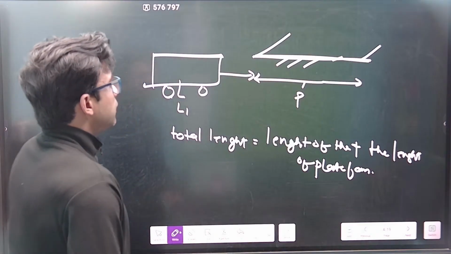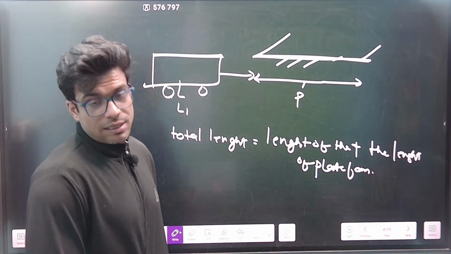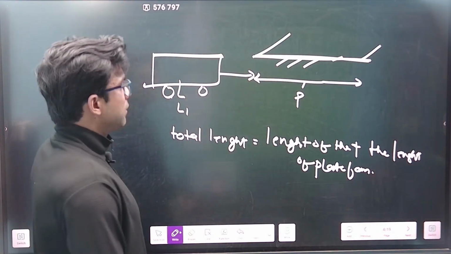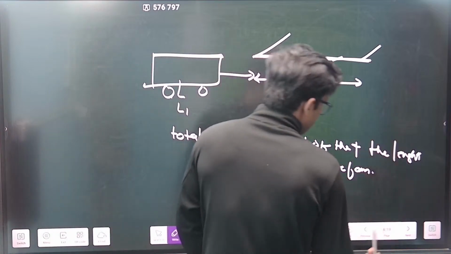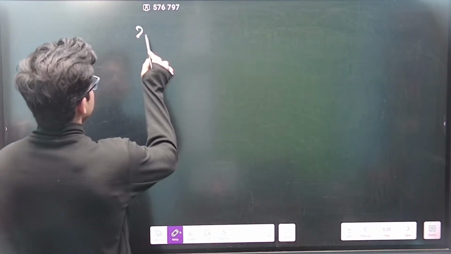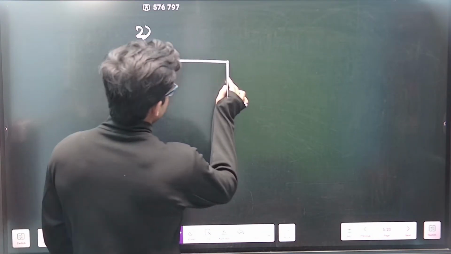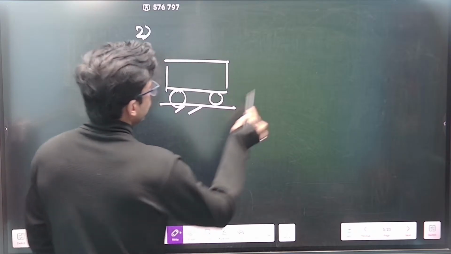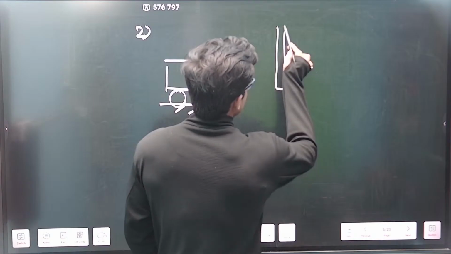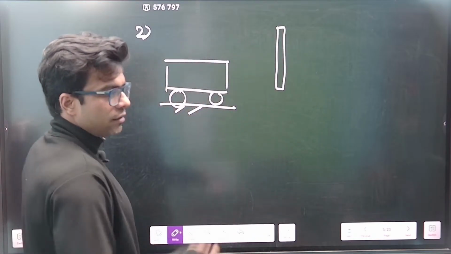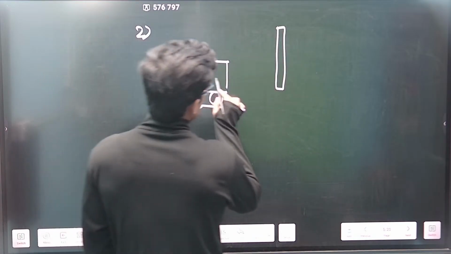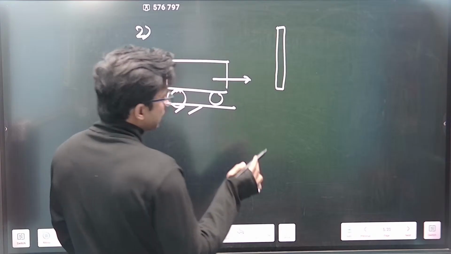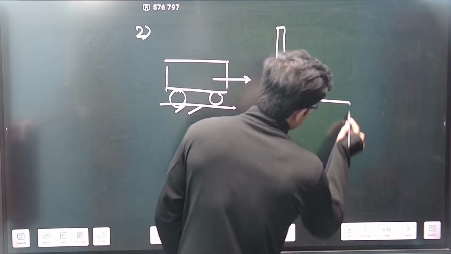Now, see guys, you may ask a question, sir, there's also a pole. Suppose in the second scenario, there is a train and the train is crossing a standing pole. A lot of poles are there. When the train crosses a pole, at one instant, train would be here also.